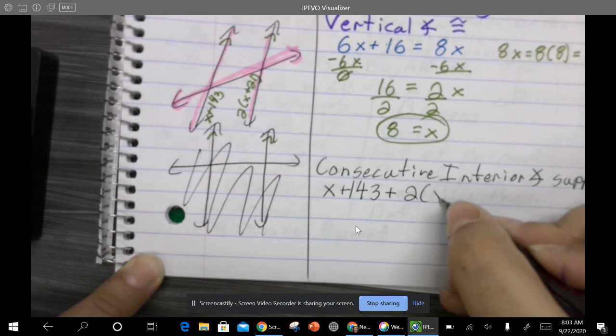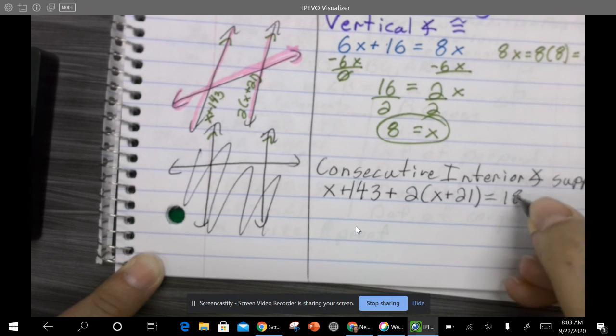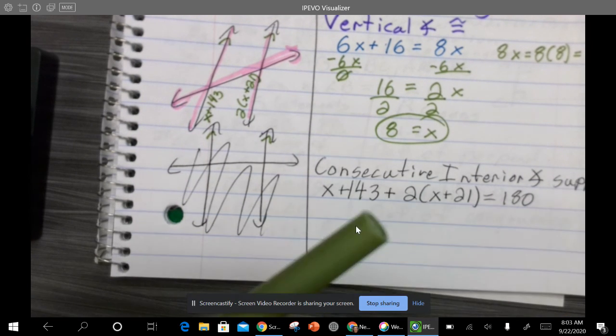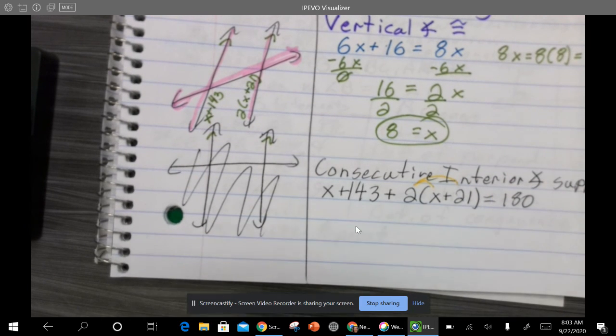plus 2 times x plus 21 is equal to 180. Okay, we're going to go ahead and do the distributive property, and then we'll combine like terms.